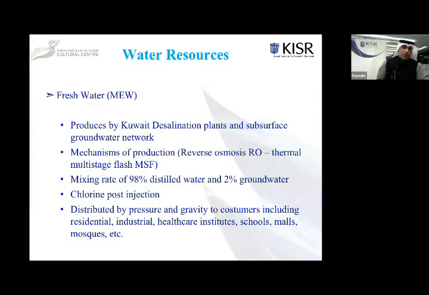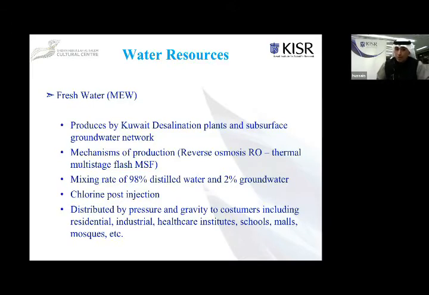After the mixing process, we add another step, a disinfection process. It takes time and distance for the water to reach from the desalination plant to the storage tanks, whether they are towers, service tanks, or underground.